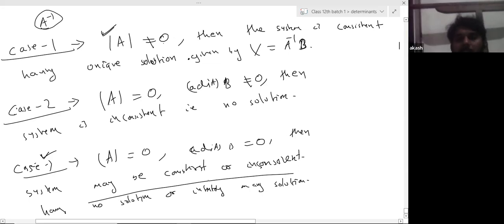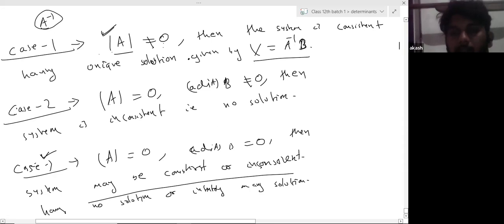Whenever you face this type of question, just find the determinant of A first. Check if it is solution or no solution, because if there is no solution, then there is no point of trying to solve this. If the determinant of A is not equal to 0, then you have to solve this complete equation and find x, y, z.